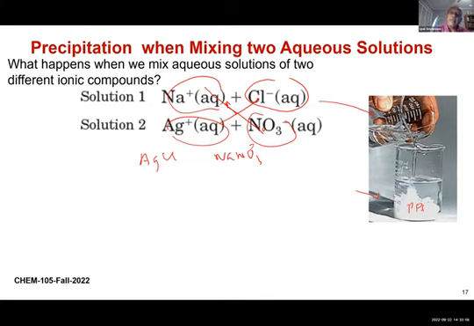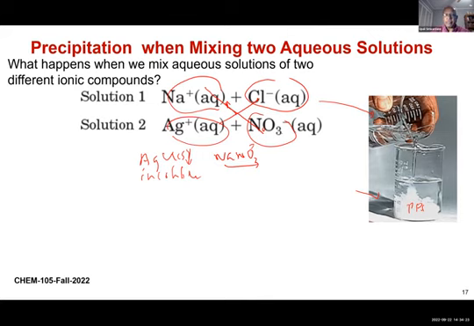We have a table describing which ones are soluble. This one is insoluble. This is soluble. Therefore, silver chloride comes out of the solution as a solid. Sodium nitrate remains in the solution.